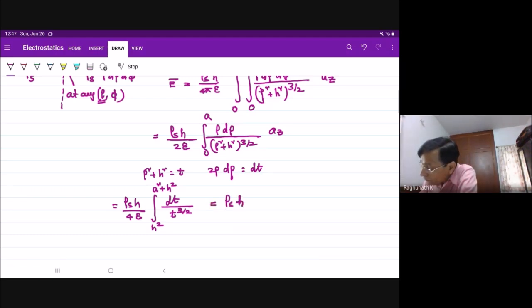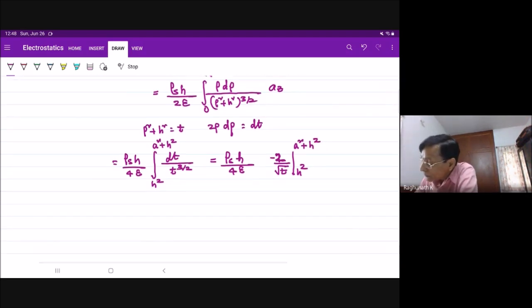Rho s h by 4 epsilon, 1 by root t. Correct? t power minus 3 by 2 is to be integrated, plus 1 is t power minus half by minus half, which is minus 2. Correct? From h squared to a square plus h squared, which is equal to what?